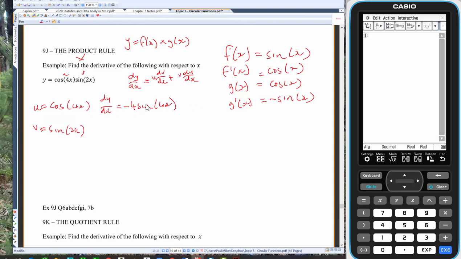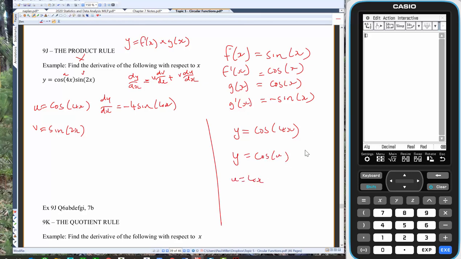So what we're going to get is negative 4 sine 4x. If you're unclear about how that's come about, you can take cosine 4x as a function by itself and differentiate it. Feel free to fast forward if you don't need to see this, but remember, this is chain rule inside product rule. So we go y equals cosine u, where u equals 4x.